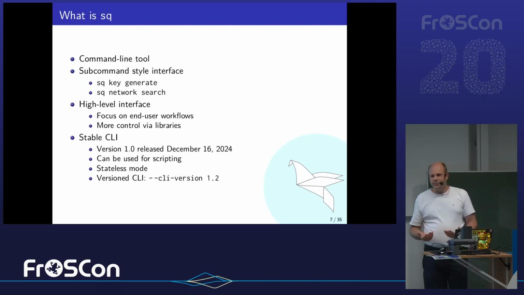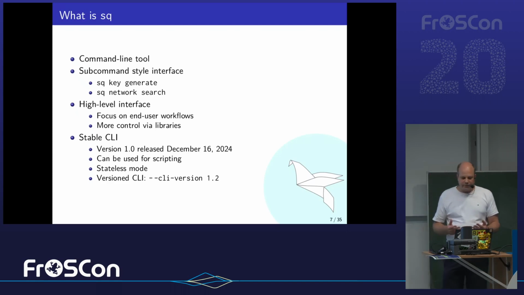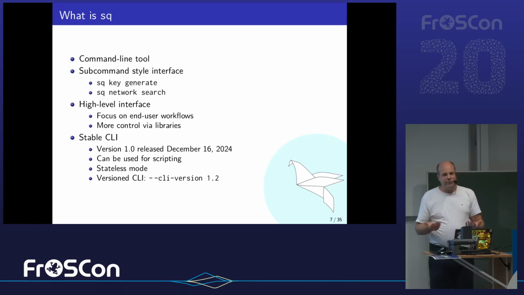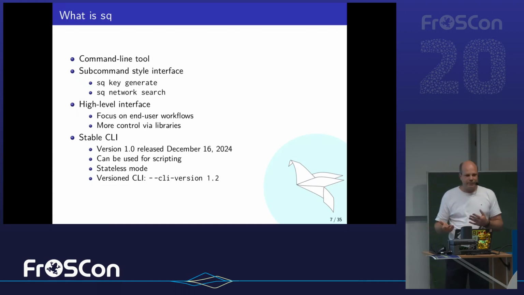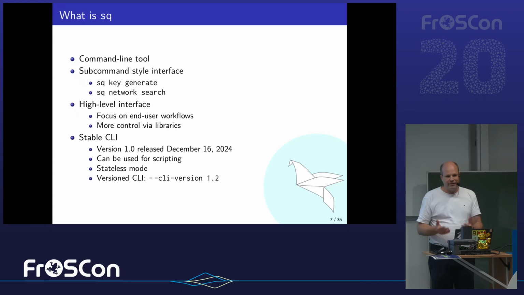And SQ has a stable CLI. We spent years developing it, and this past December, we finally released 1.0. The last year or two was a very painful process for a whole bunch of projects who were using the 0.x version of SQ because we kept changing the arguments. We apologized to them, but we said future you is going to be much happier because the CLI is going to be so much nicer.